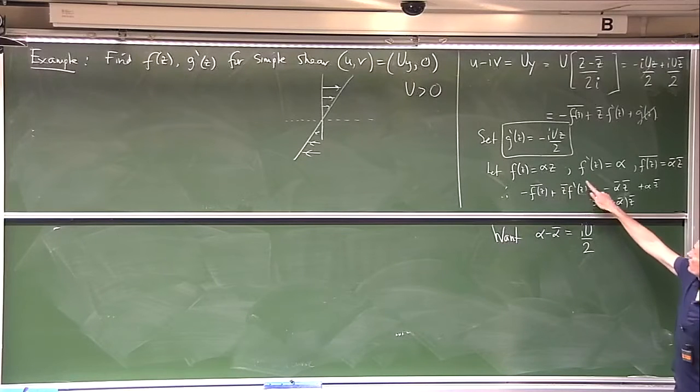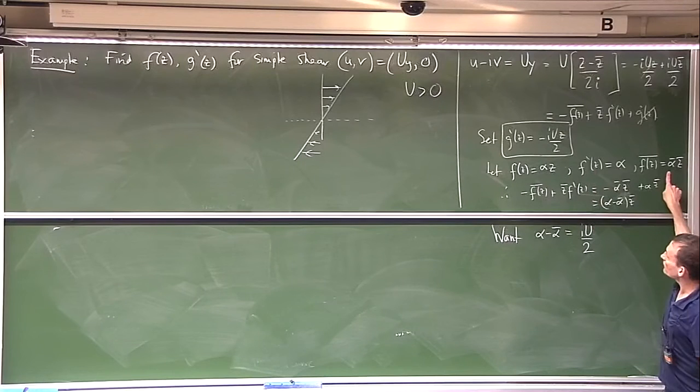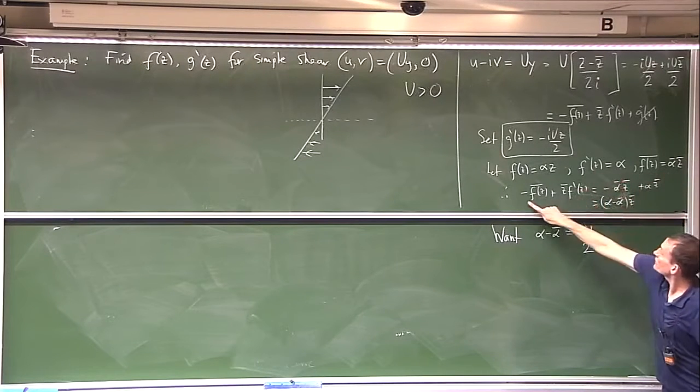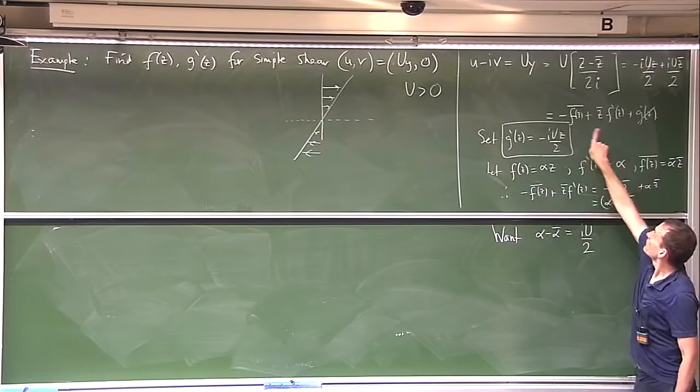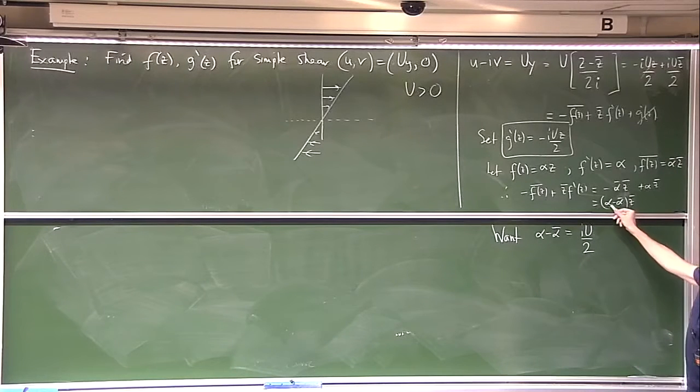See? If this is my answer, this is my guess, which implies this and this, I've then substituted, this thing is just this thing. And by the way, if you substitute these, you just get this, and then I want that to be that. So alpha minus alpha bar better be iU over 2.